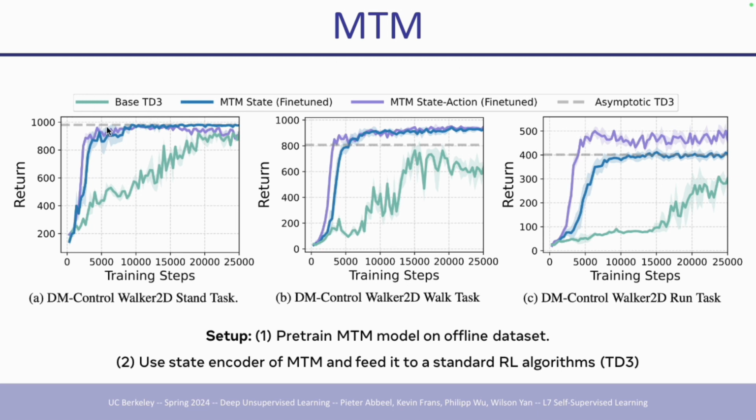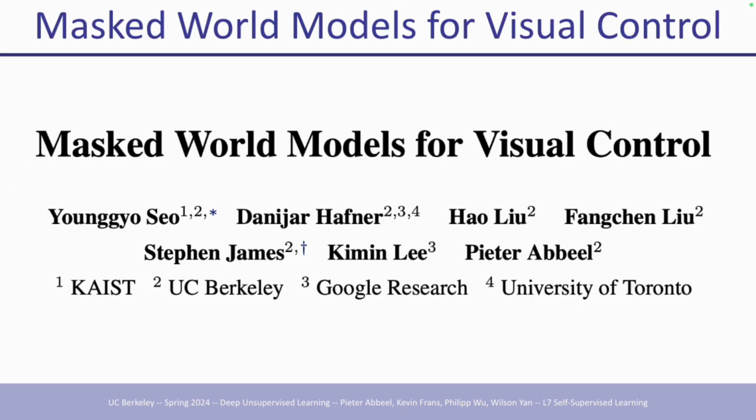So the green is the base feature extractor, orange is using fine-tuned, and then purple is using the state action features. And you can see that we're able to get better than the raw feature-based one, and sometimes even beat what the asymptotically trained approach is able to get.